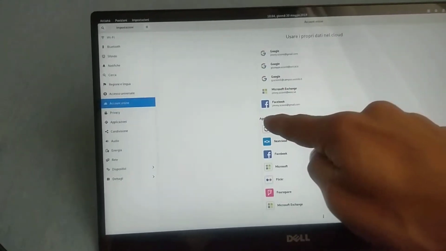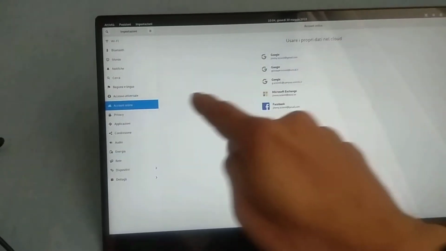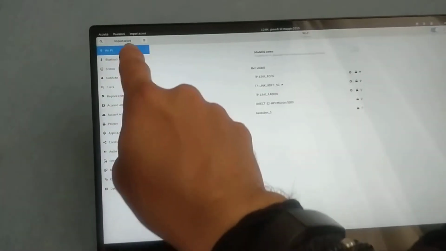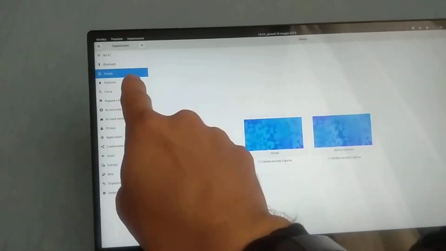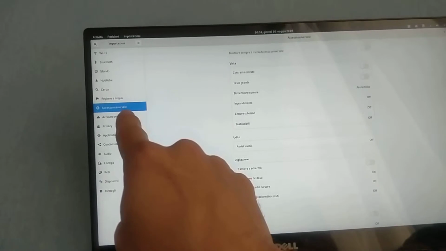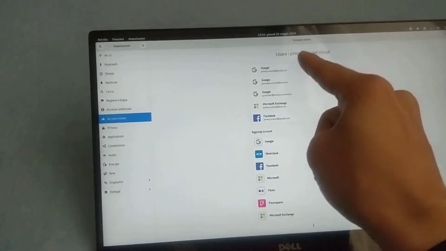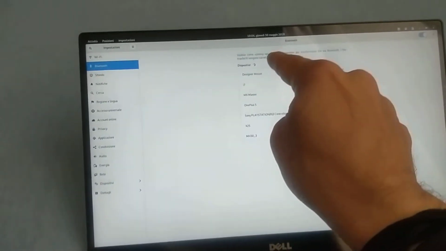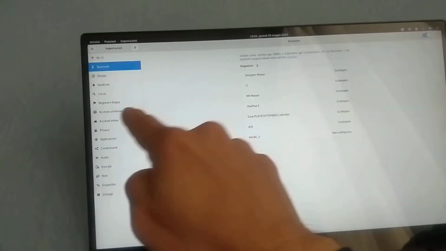It's bigger than this one, the font I mean. It's center aligned, and it's the only place in which you can find this kind of title. Yeah, it's the only one. This is just a description of what you can do. Why isn't it like, I don't know, like here? It could be the same. Anyway.